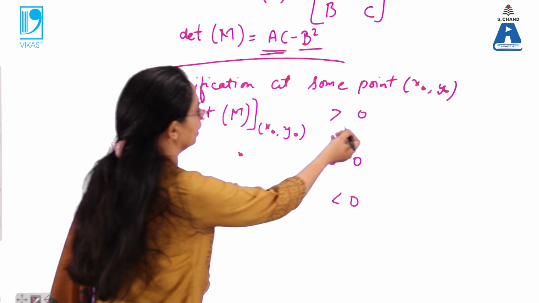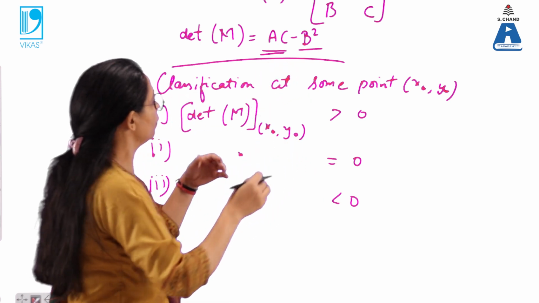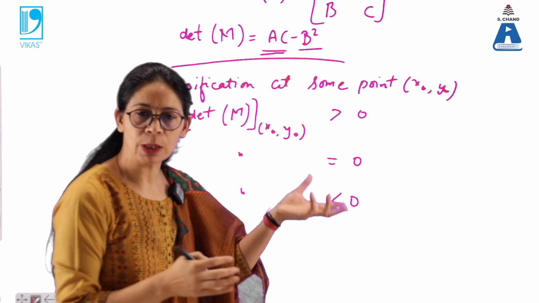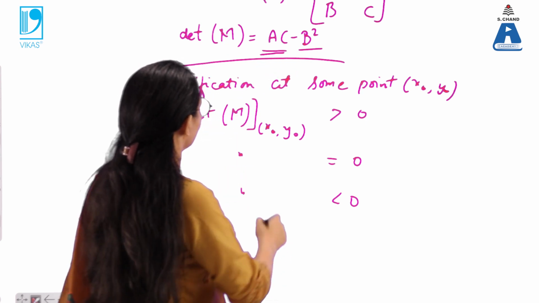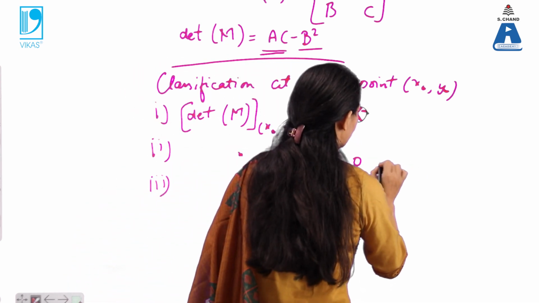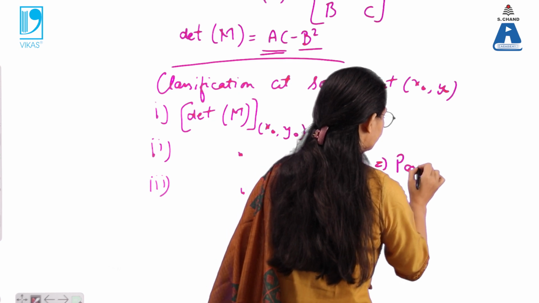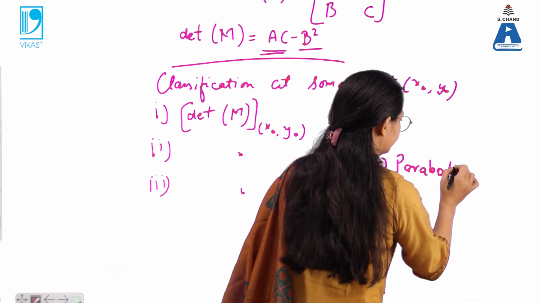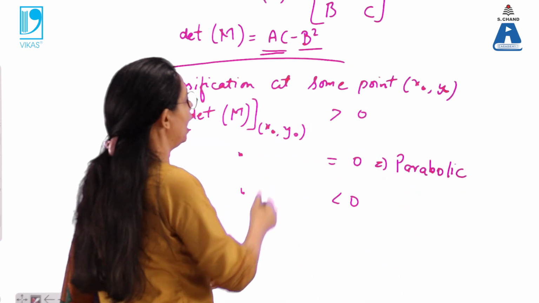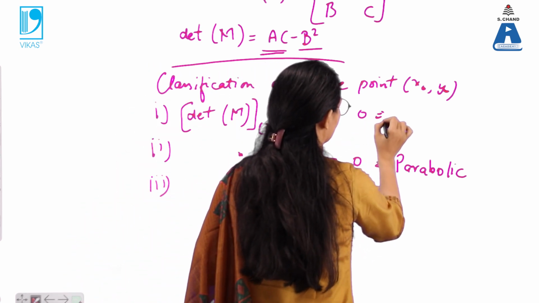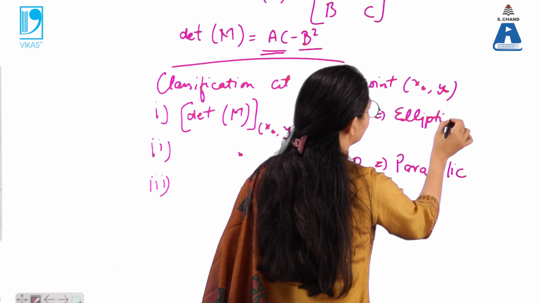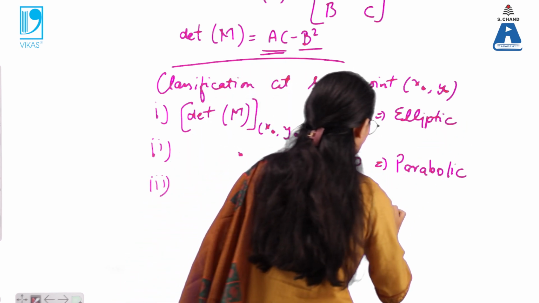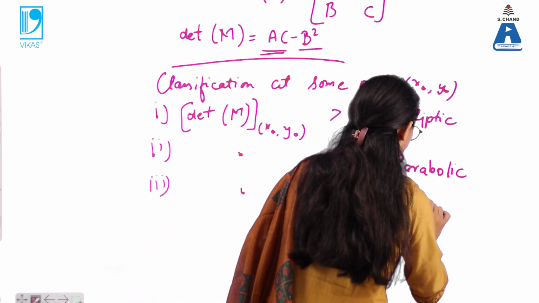If we recall from the previous form B square minus 4AC, it will be opposite to that. So, when it is equal to 0, it is for sure parabolic. And if it is greater than 0, then it is elliptic. And if it is less than 0, then it is hyperbolic.